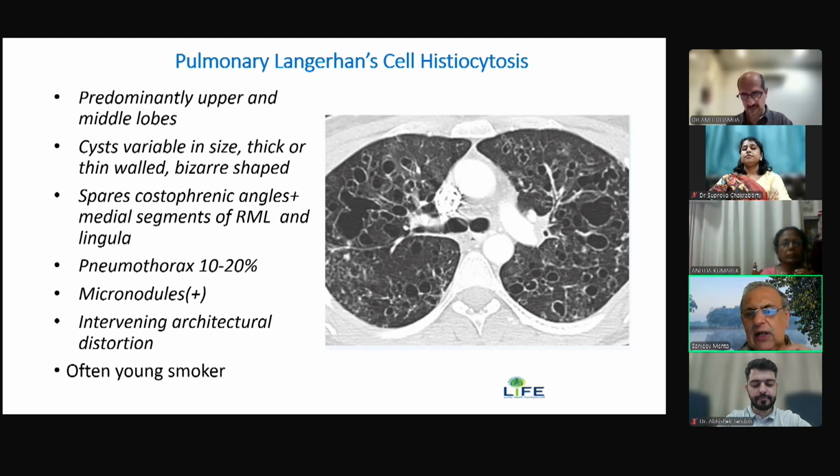But when we come specifically to the cysts, you can see that the cysts in LCH can be a little diffusely bizarre, some are like this, whereas in LAM they all look uniformly equal. Secondly, because it is seen in smokers, you will see certain areas of emphysema.